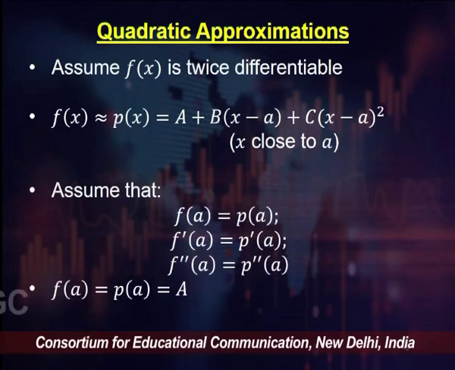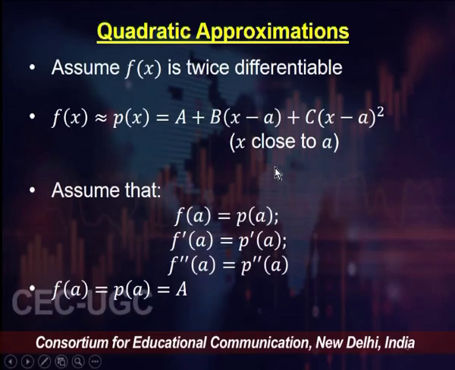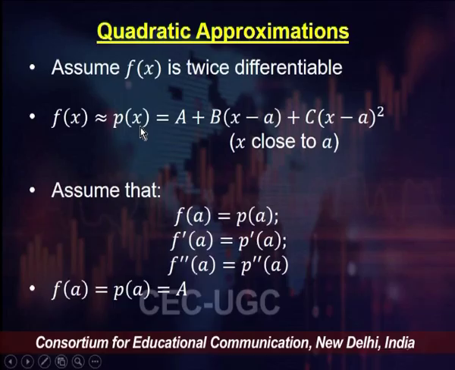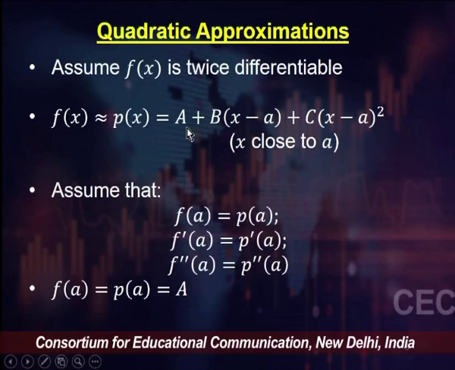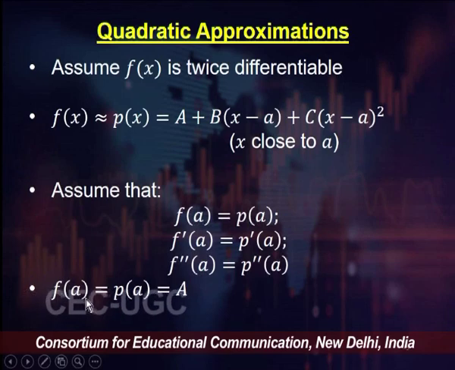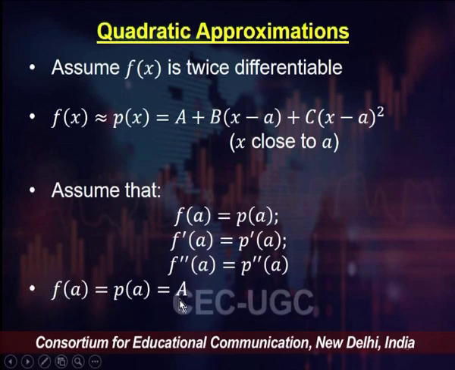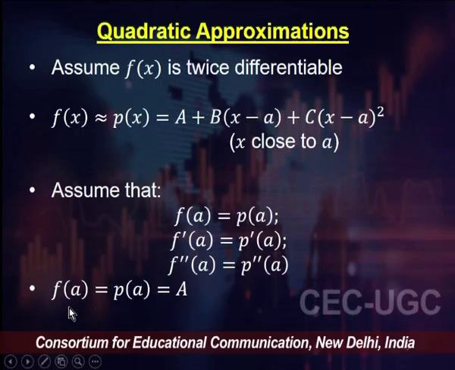Now, if I calculate p of a, I am going to put x equal to a. So, the second and the third terms will disappear, and that will give me capital A. And because by assumption p of a is equal to f of a, we get the result that capital A is nothing but f of a.